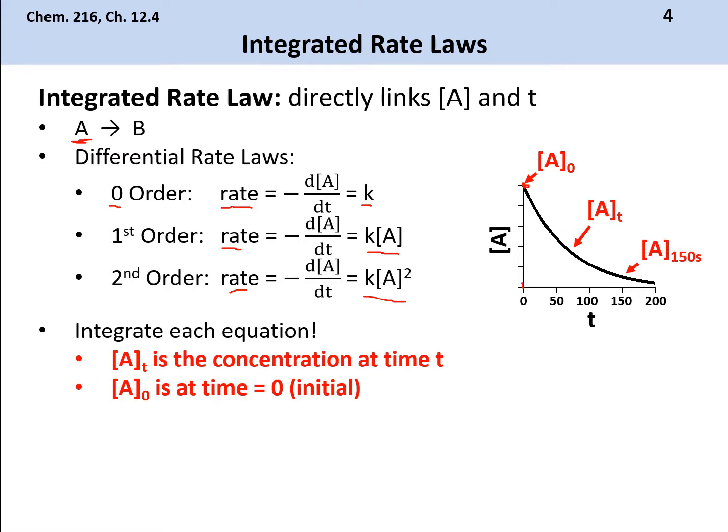I'm going to just call this A and put a 0 here. Sometimes we call this A naught. This means the initial concentration. And then at any given time, this would be the concentration at time t. In this case, that would be around 70 seconds. For instance, right here, this is the concentration at 150 seconds.